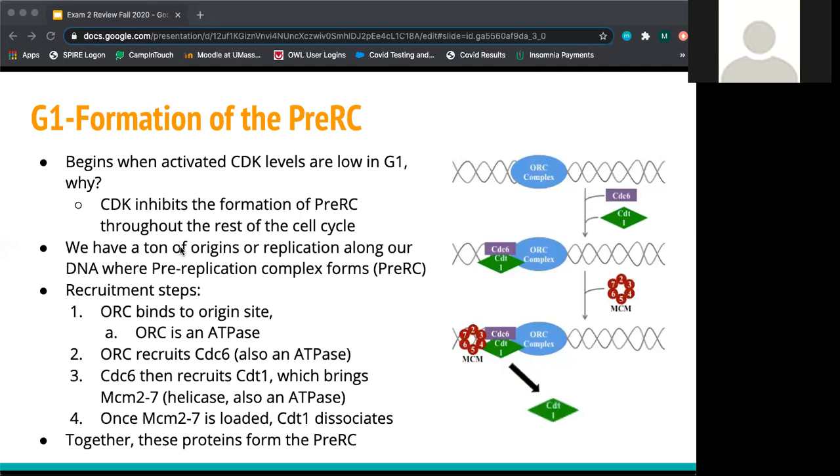ORC binds to the origin site, and it's important to know that ORC is an ATPase. Then ORC recruits CDC6, which is also an ATPase. There's a picture of it on the side, it's easier to see.